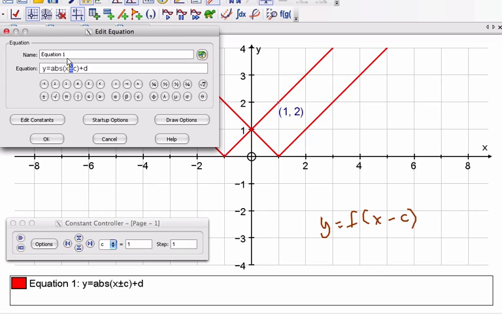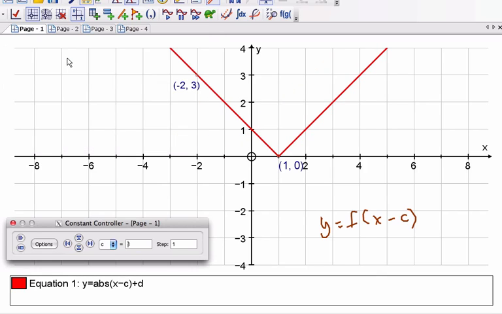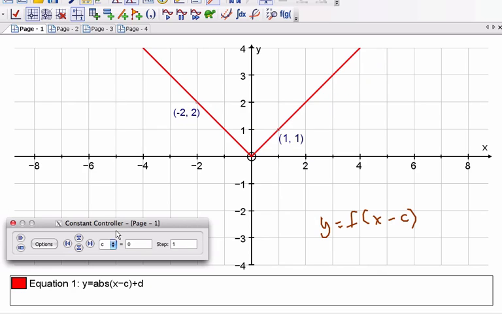Let's just make it negative. Okay, so if I take my c value and I make it 1, in here it's going to be a negative 1. So I really have the function that says y is equal to absolute x minus 1.